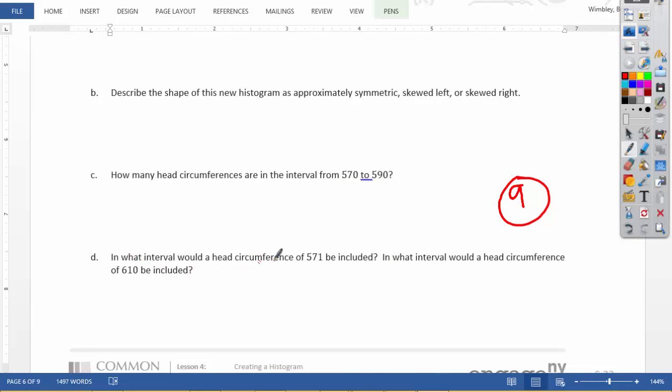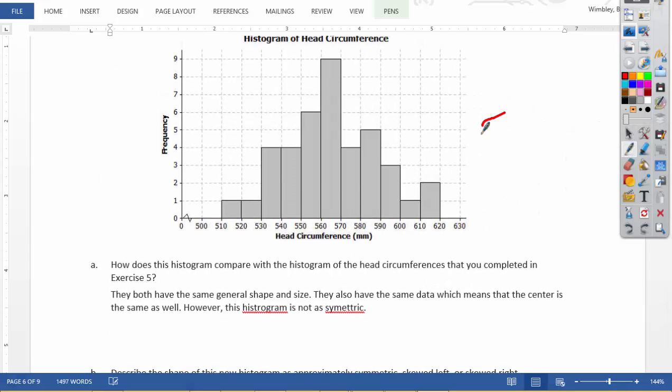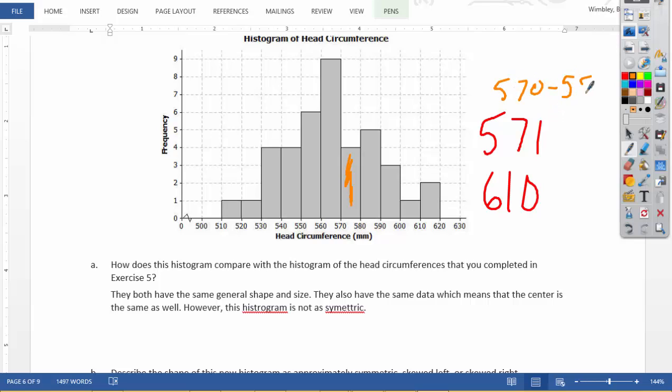Here's my next one. In what interval would a head circumference of 571 be included? What about 610? Well, let's look up here. I'm looking for 571 and 610. Well, the 571 is pretty easy. I look, 571 is in between 570 and 580, so it's going to go in here. So my interval would be 570 to 580.